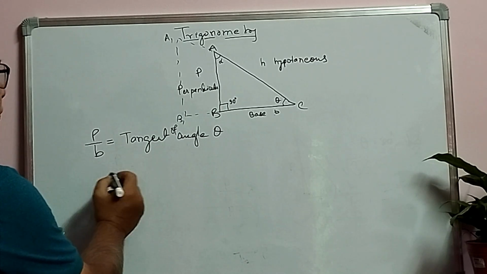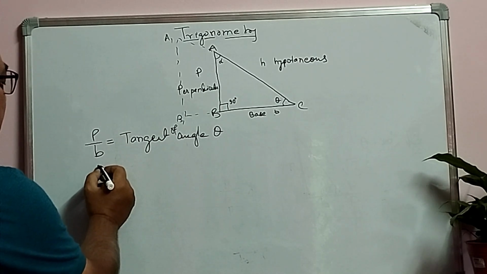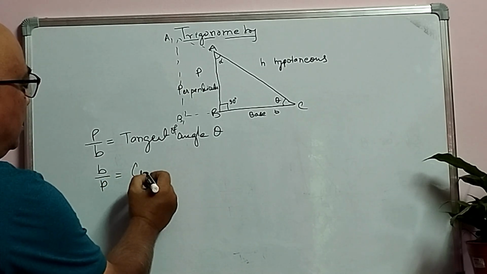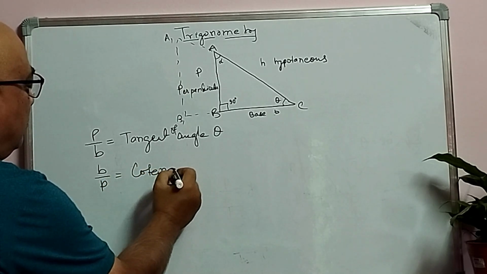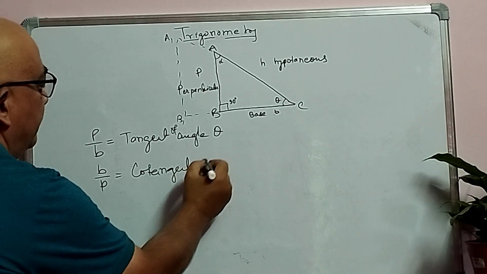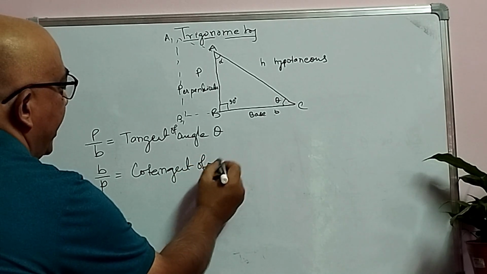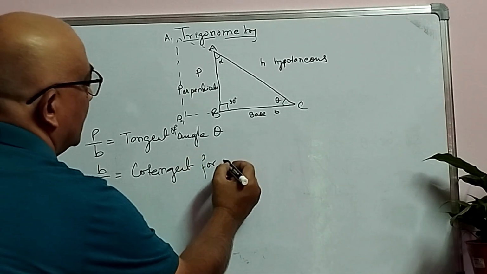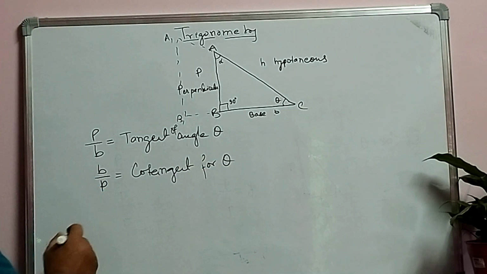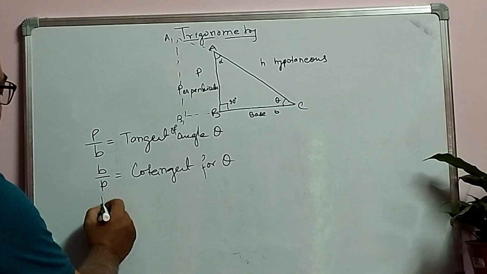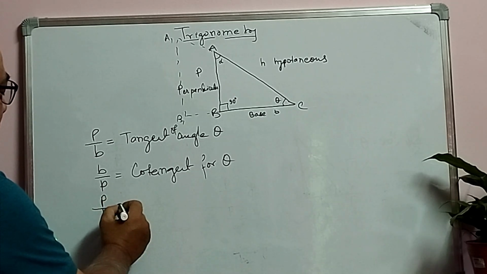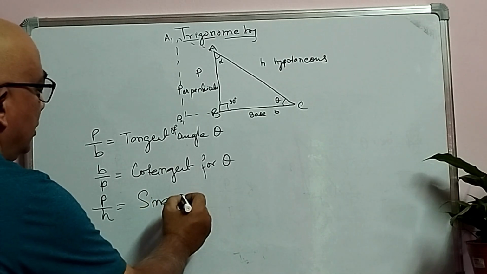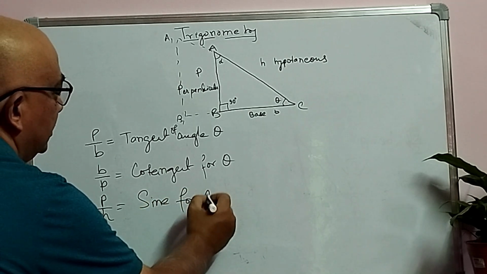And the ratio of B to P is called cotangent for angle theta. Similarly, P perpendicular to hypotenuse is sine for angle theta.